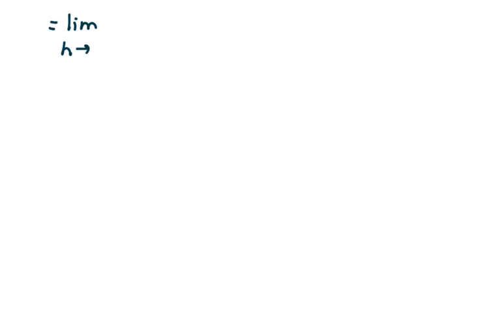So this is the limit as h goes to 0 of 5 times negative 1 plus h to the 4th. Here, in fact, let's factor out the 5 here. And then we get negative 1 plus h to the 4th minus 1.